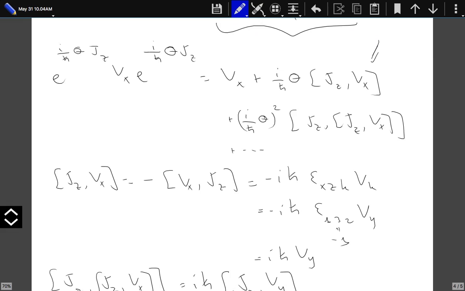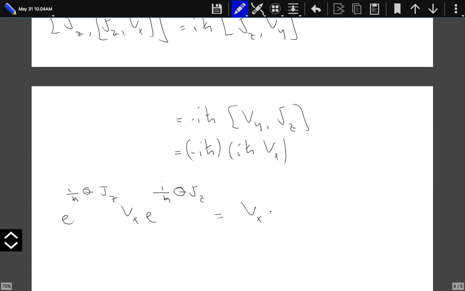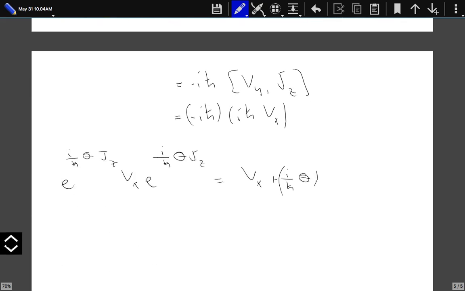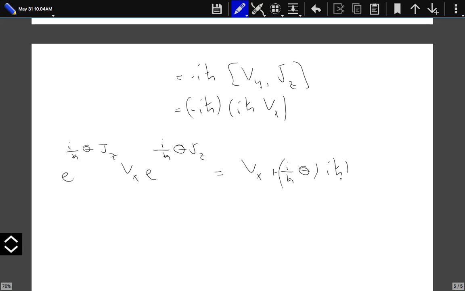The second term has i over h bar theta times the commutator, which we evaluated to be i h bar Vy. The third term has i over h bar theta squared times h bar squared Vx, etc.